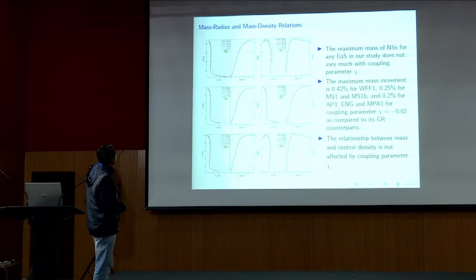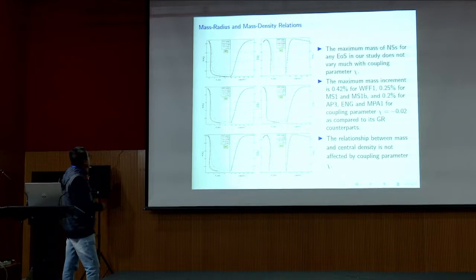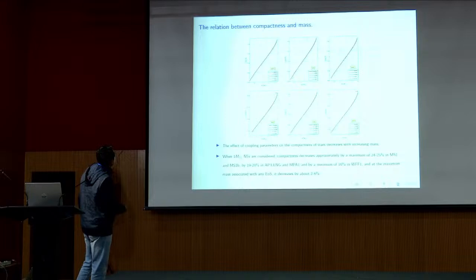So what we see from all these six graphs is that the maximum mass of the neutron star for any equation of state in our study does not vary much with the coupling parameter, and this mass and density are actually independent of chi.